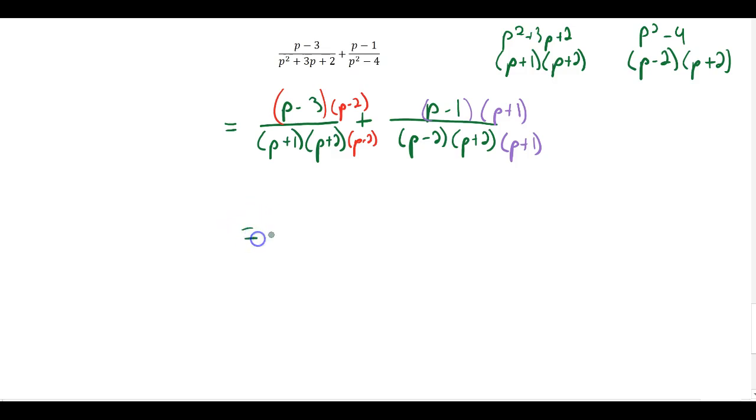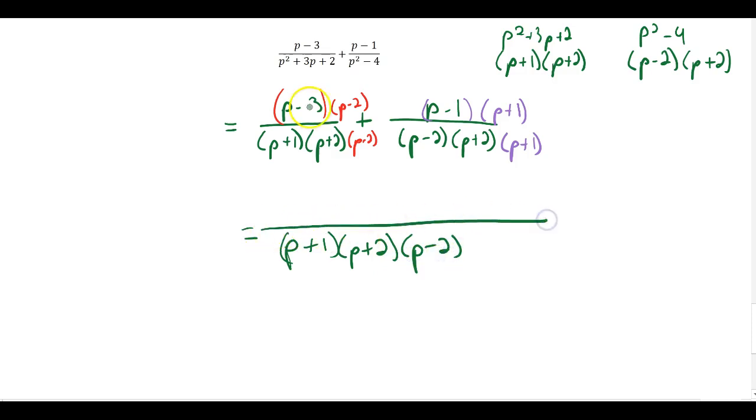So my common denominator is going to be a p plus 1 times a p plus 2 times a p minus 2. My numerator is going to be p minus 3 times a p minus 2 plus my p minus 1 times a p plus 1.